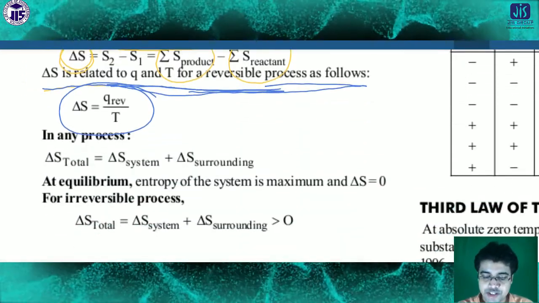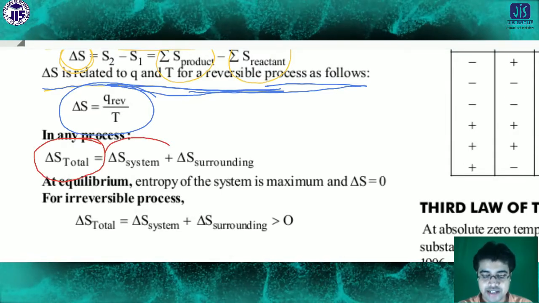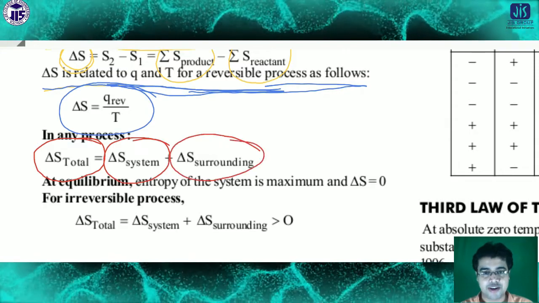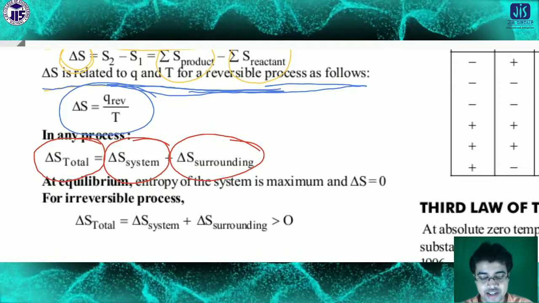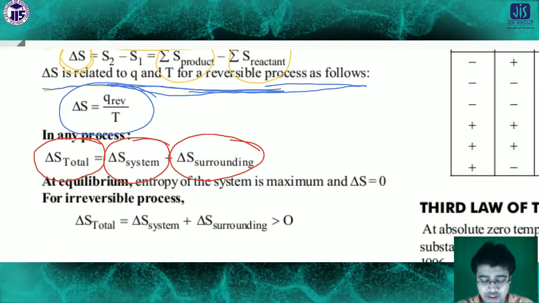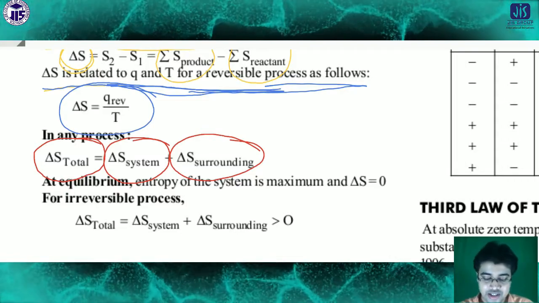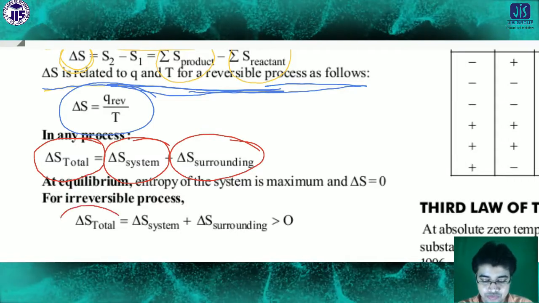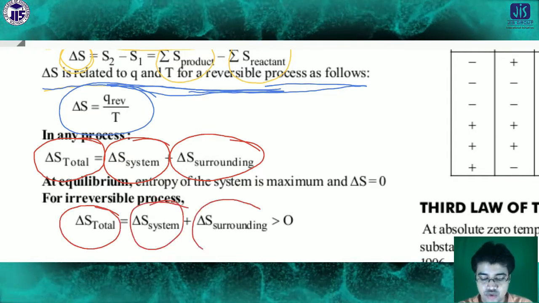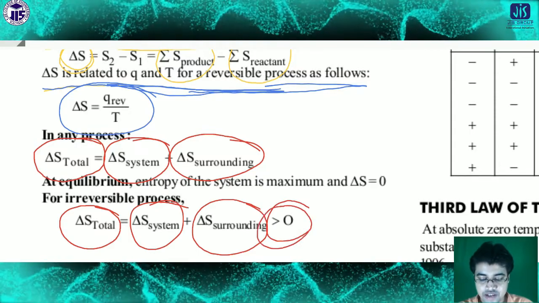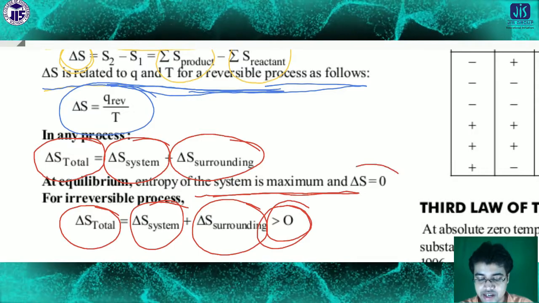In a particular process, you know that delta S total equals delta S system plus delta S surrounding. That is how we can understand the change of delta S. If delta S total is greater than 0, then at equilibrium the entropy of the system is maximum and delta S equals 0.